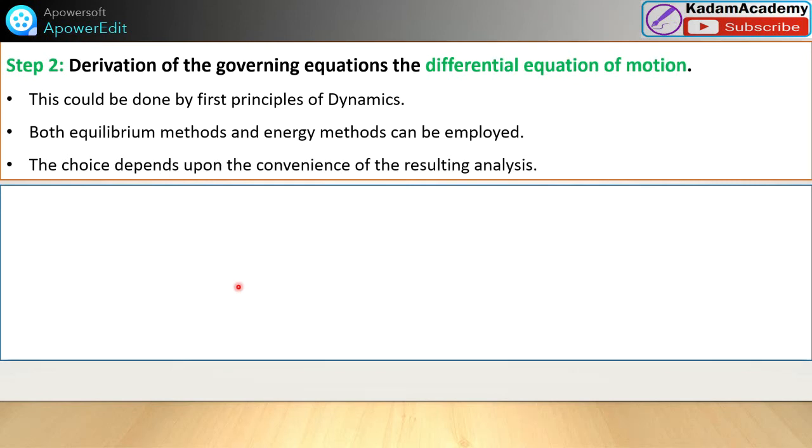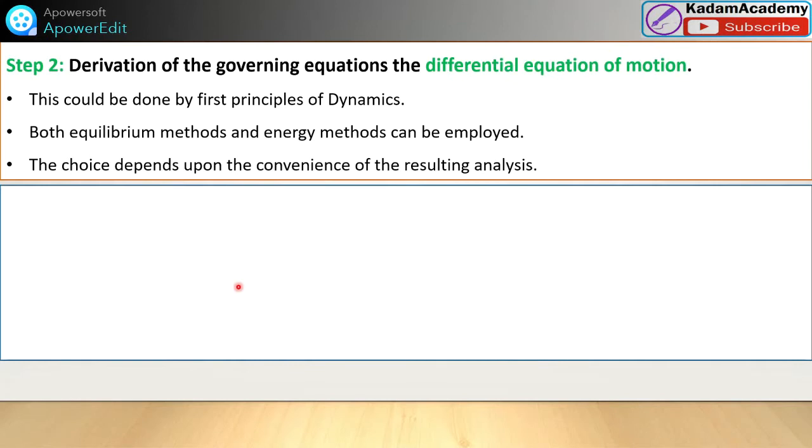The choice depends upon the convenience of the resulting analysis. Whatever the forces and masses are given, that system may be linear or non-linear, discrete or continuous, and according to that system we have to derive the equation of motion.